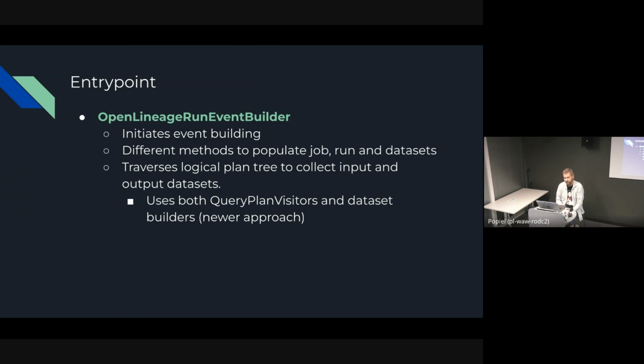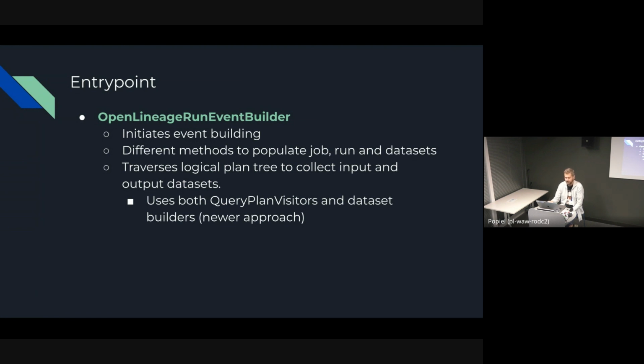It has different methods to populate job, run, and datasets. The main idea of this class is to traverse the logical plan to collect input and output datasets while using two approaches: query plan visitors and dataset builders, which is kind of the newer approach.